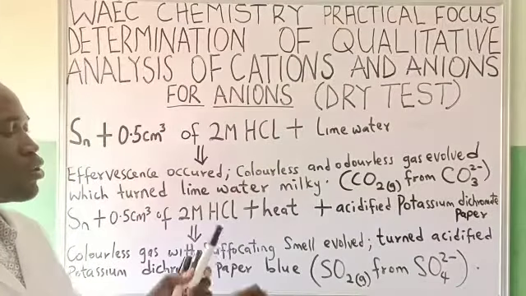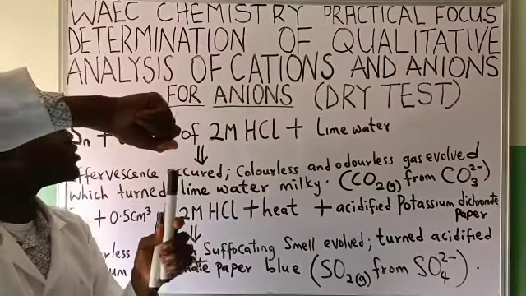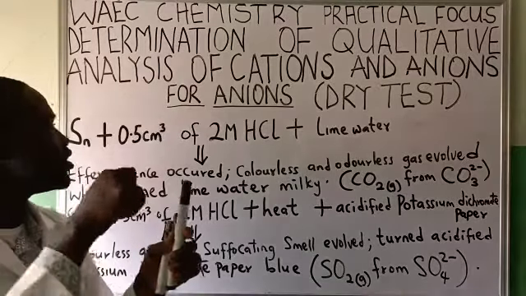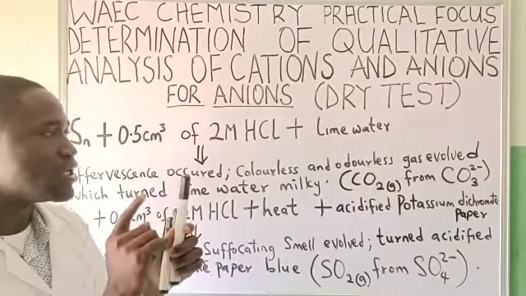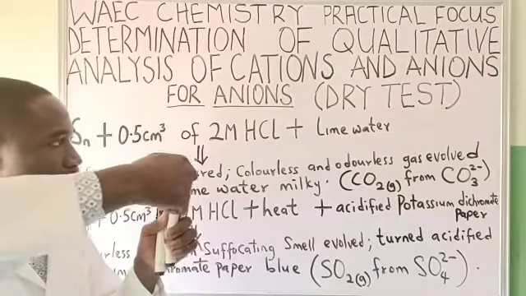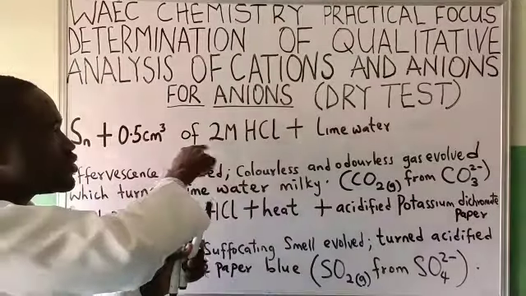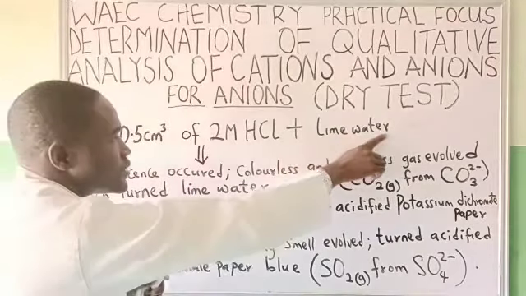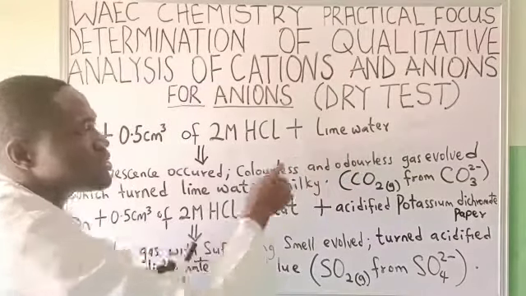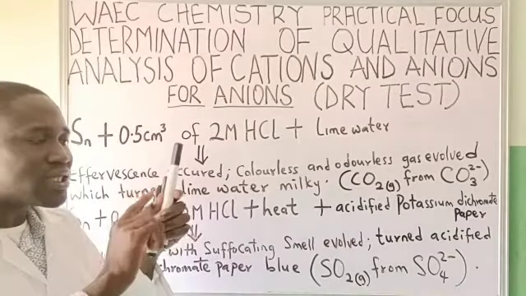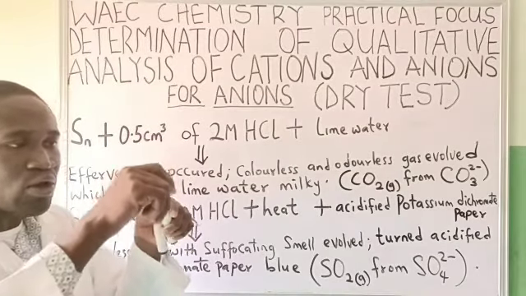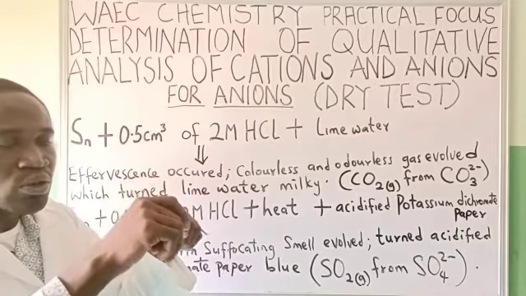So what you do, as you are adding few drops of 2 molar HCl inside the salt sample and you see effervescence, by the time you are about to pour those few drops, bring lime water close to it. As the effervescence is taking place, bring it close to the lime water bottle.